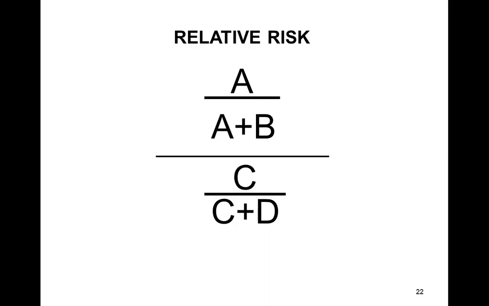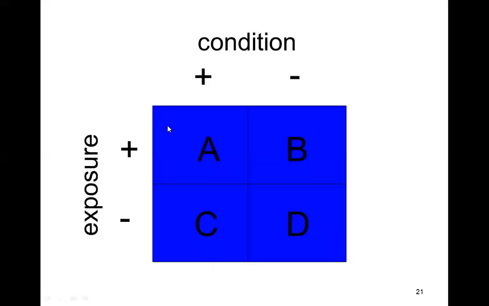When we say that a neuron is hyperpolarized, it's relative to what's going on outside. So when we talk about relative risk, it's always in relation to something else. It's not just risk, it's relative risk. We're going to do comparisons between A and B, everybody who has been exposed, versus C and D, everybody who has not been exposed.